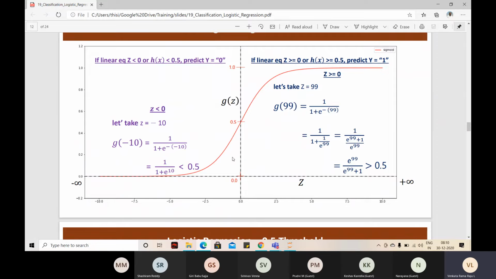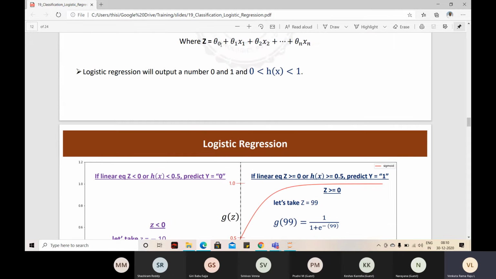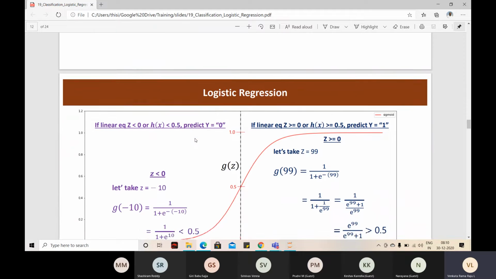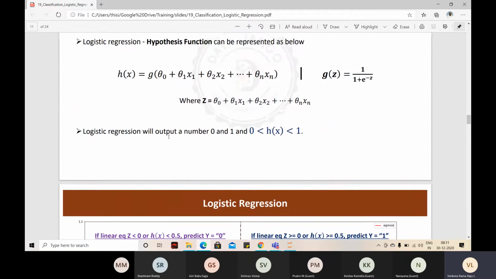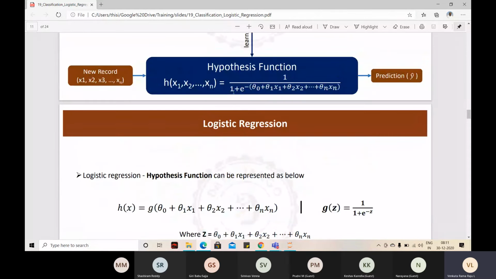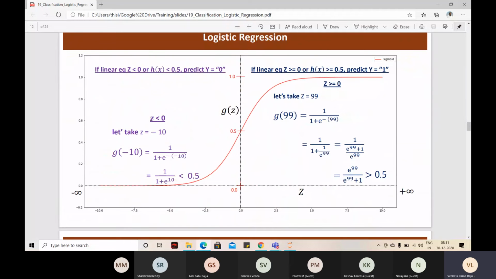Suppose that for a particular record, the z value is less than 0. That means the linear equation's outcome is negative. If the linear equation's outcome is negative, what is happening to the hypothesis function? That's what we are going to observe now. I have taken an example value of minus 10.